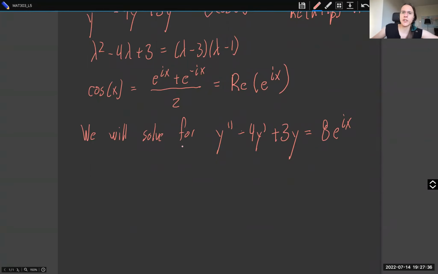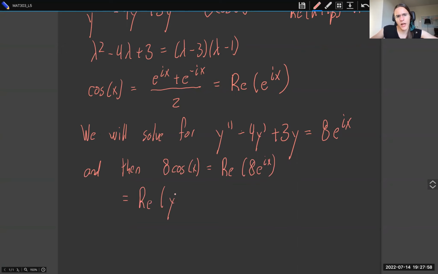And then we'll take the real parts. And then 8 cos x is equal to the real part of 8 e to the ix, which is equal to the real parts of y prime prime minus 4y prime plus 3y.